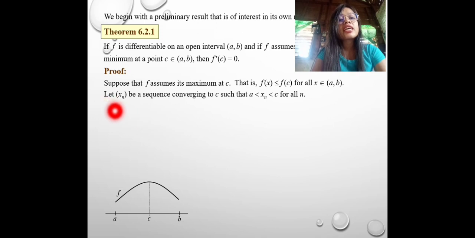Let x sub n be a sequence converging to c such that a is less than x sub n and x sub n is less than c for all n.